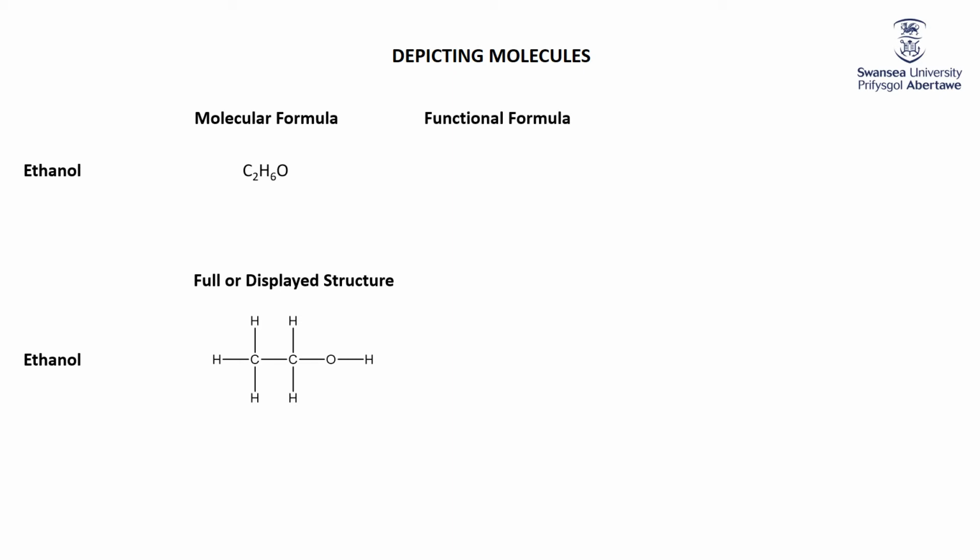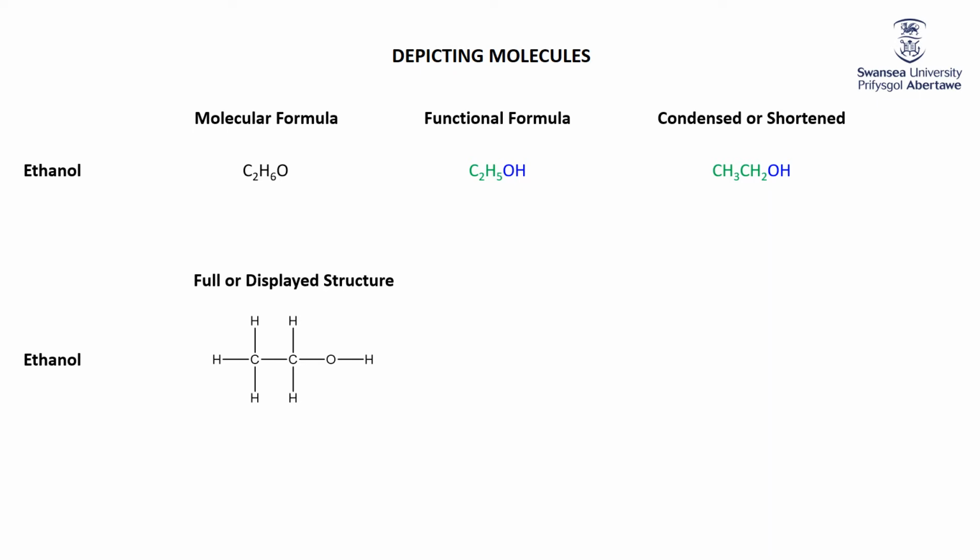So a lot of times one will take organic compounds and write it in a short way, just using letters and numbers, to emphasize the functional group. So what I would call the functional formula. So you can see I've broken out the boring C2H5 bit from the OH interesting bit. A lot of times you will also see this expanded out a bit, which is ironically called a condensed or shortened structure. You'll see where that comes from in a minute, in which we actually give the details of the boring carbon-hydrogen green bit there.